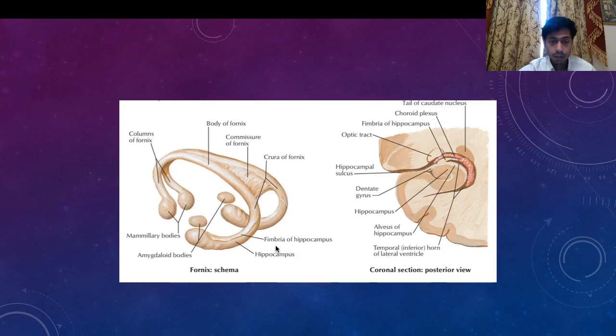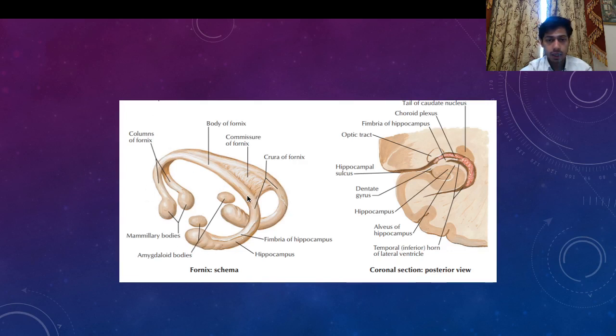So you've got your mammillary bodies here, and you've got your amygdala here. So the amygdala is primarily responsible for emotions, whereas the mammillary bodies play a very, very important part in memory formation.